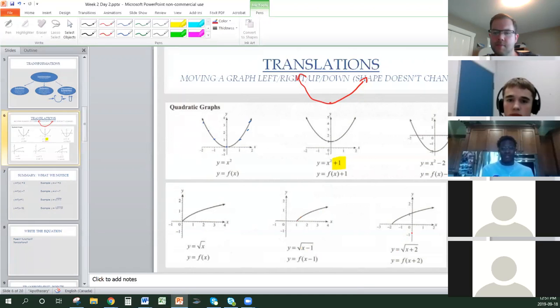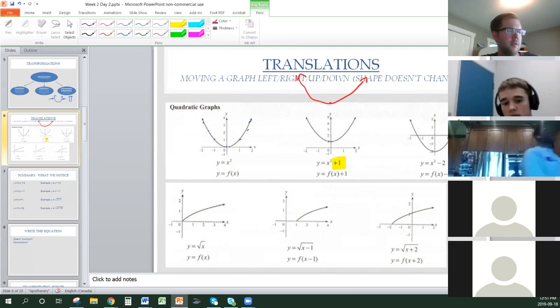And Freddie. So Freddie, what did you notice about when it's moving it left? And you are muted right now, Freddie. I saw that the 2 became positive and it moved to the left.